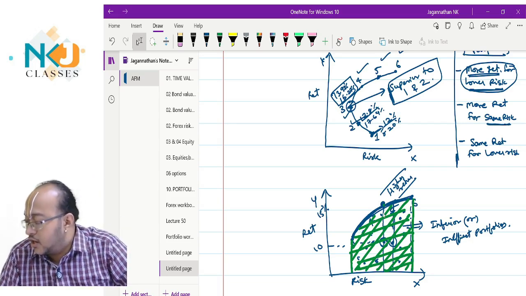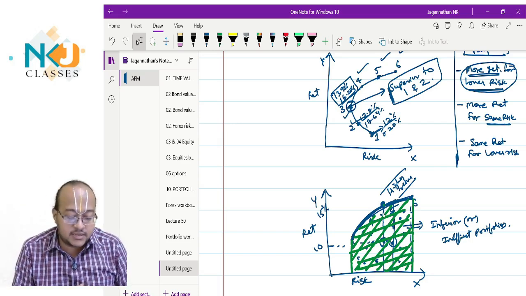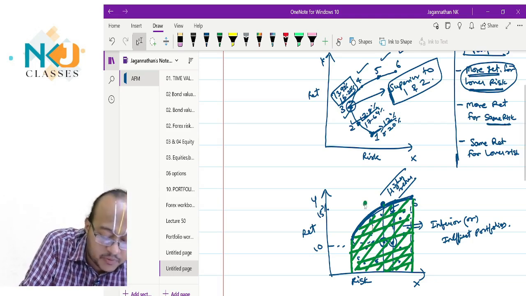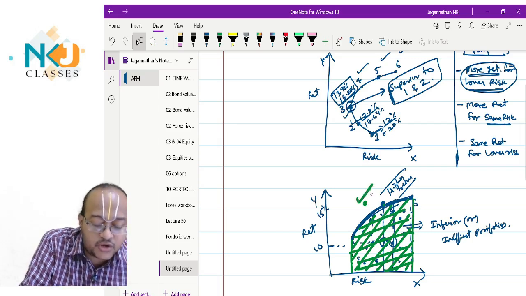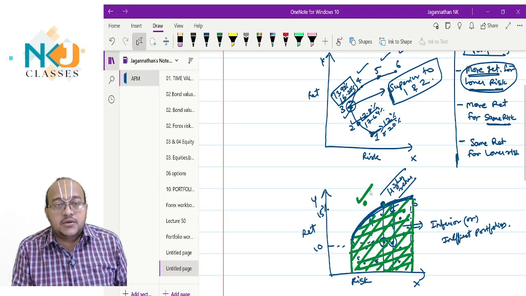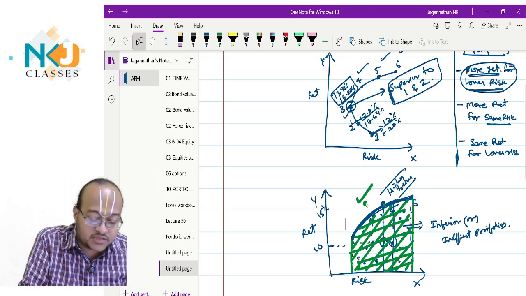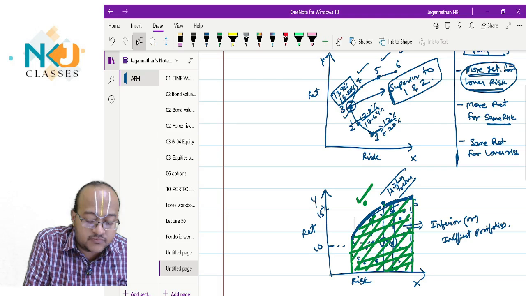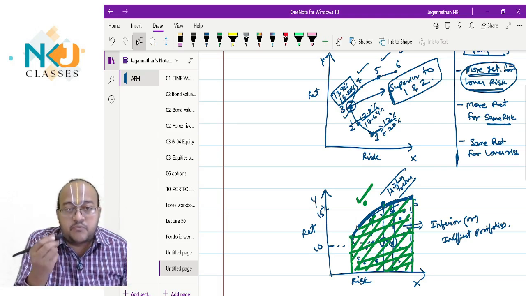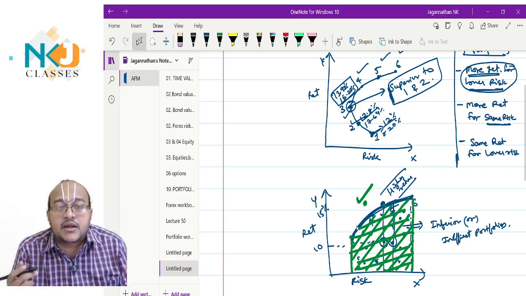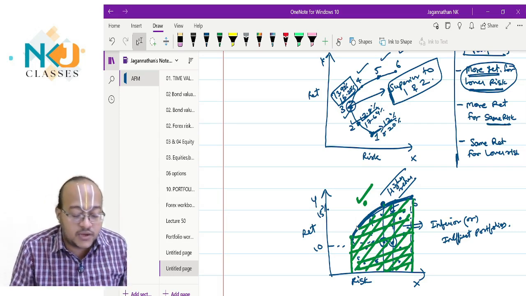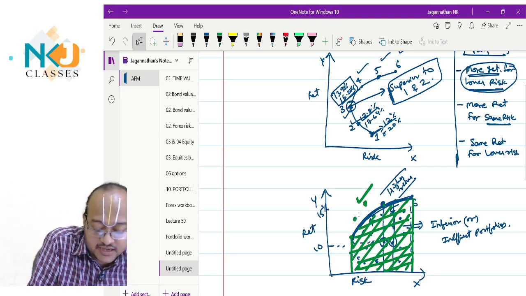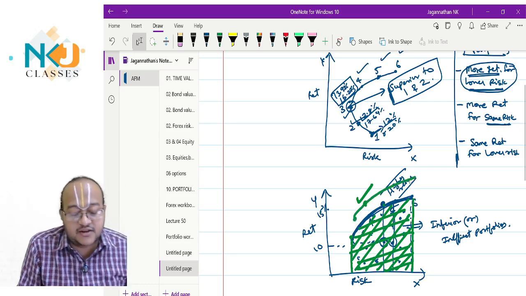You may ask, sir, I have found a portfolio which is above the efficient frontier. Then what will happen? It does not mean the portfolios on the frontier become inefficient. If you find something above the frontier, the frontier itself changes. Are you understanding?